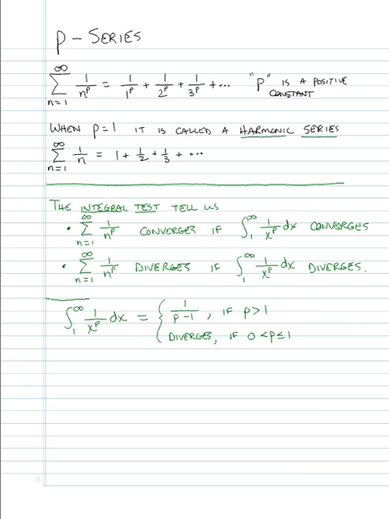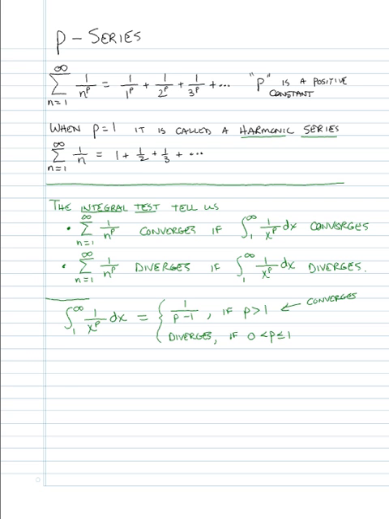That would mean we have convergence. So this integral converges whenever p is greater than 1, and diverges whenever p is between 0 and 1, including 1. So if p is equal to 1, then the integral diverges as well.